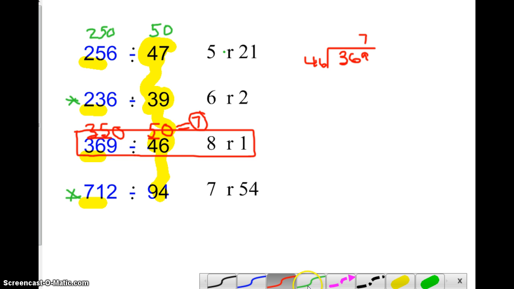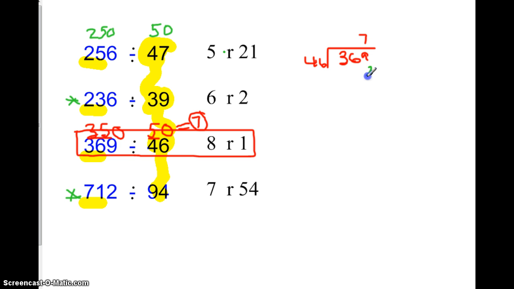Okay, so I'm going to go ahead and do the work. 6 times 7 is 42, carry a 4. 7 times 4 is 28, and 28 plus 4 is 32. So now I'm going to subtract. 9 minus 2 is 7, and 6 minus 2 is 4. Well, hello, that can't be true.